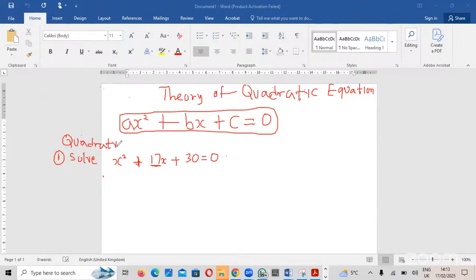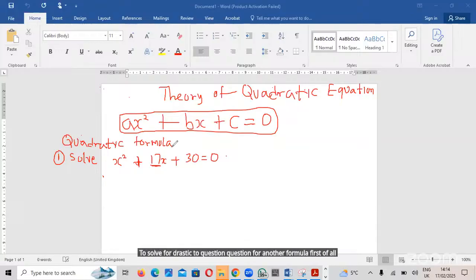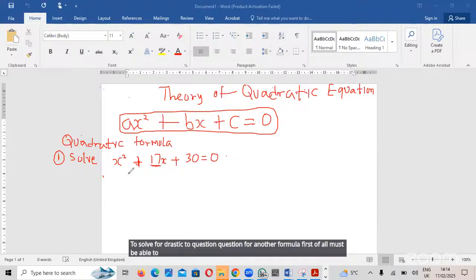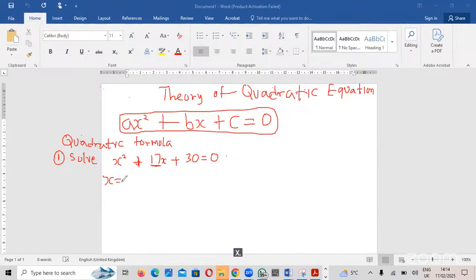To solve a quadratic question with the quadratic formula, first of all, you must be able to remember the quadratic formula. x is equal to minus b plus or minus root of b squared minus 4ac, then divided by 2a.